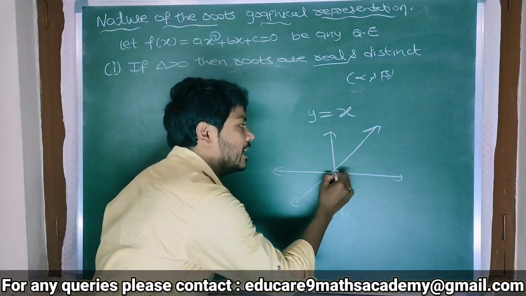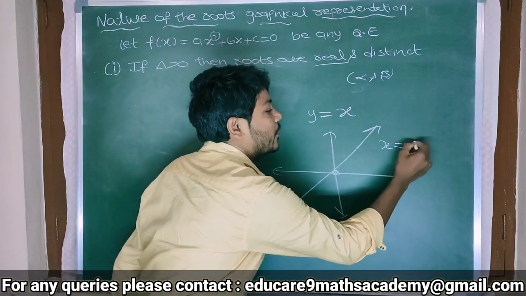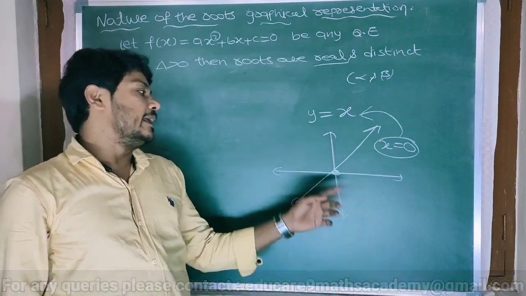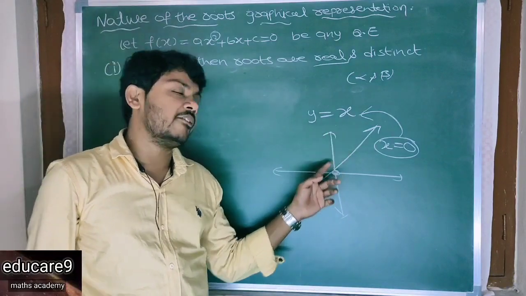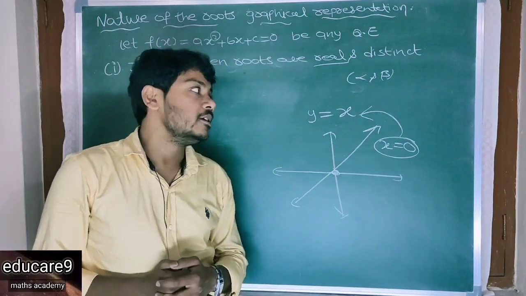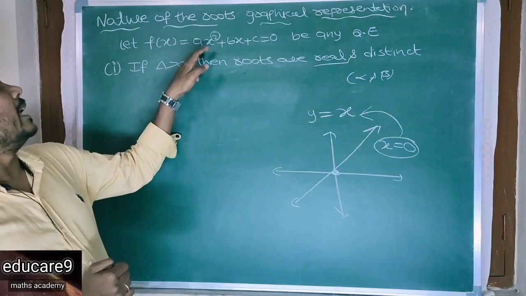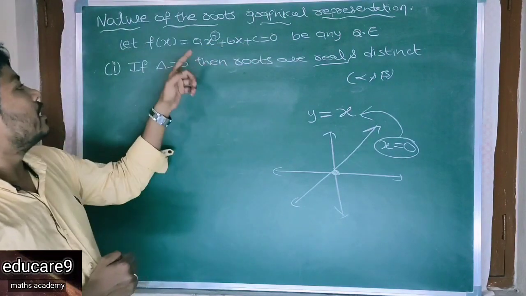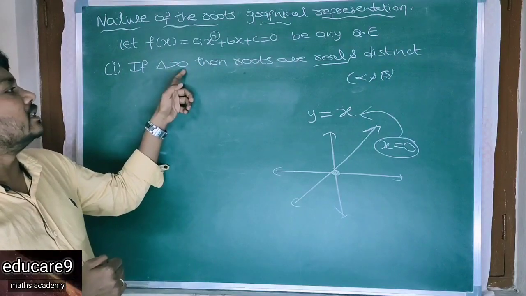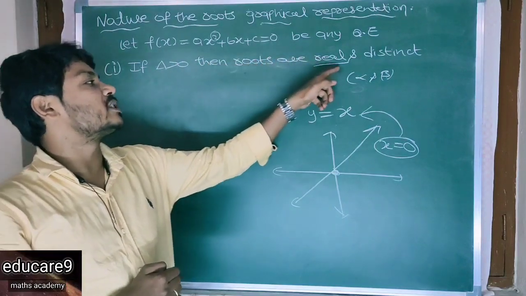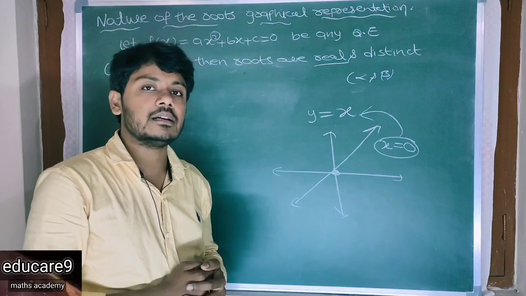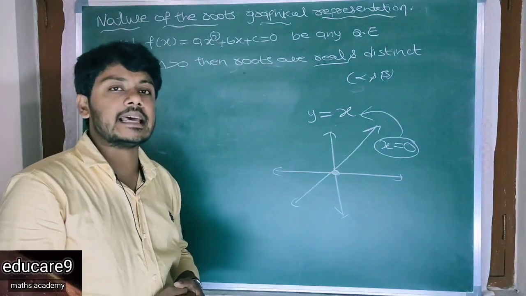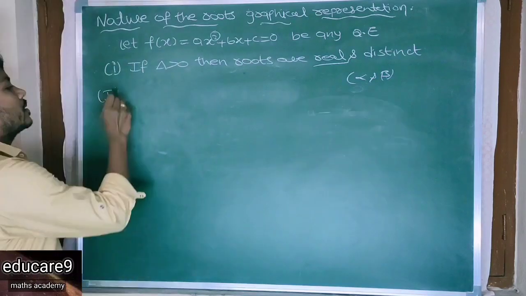Clearly x = 0 is a root, meaning at x = 0 the given graph touches the x-axis. Similarly, ax² + bx + c is the quadratic equation. In that case, delta greater than 0 means both roots are real and distinct. So clearly that graph touches the x-axis at 2 distinct points.